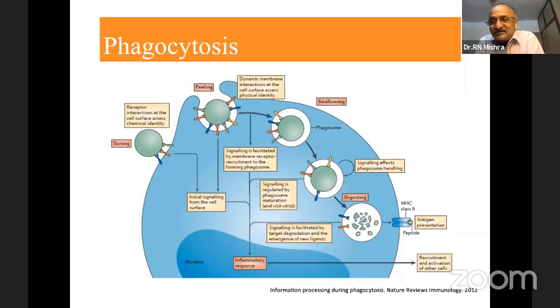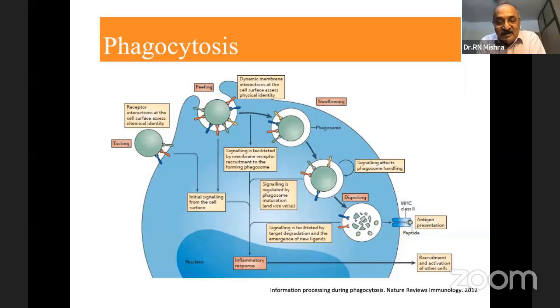So for the macrophage or the neutrophil, it has a dynamic membrane, and once C3b or antibody binds on cells like that, it makes them more palatable to just eat up. Eat me, that is what phagocytosis does, and it swallows them and makes a vesicle of it called the phagosome.